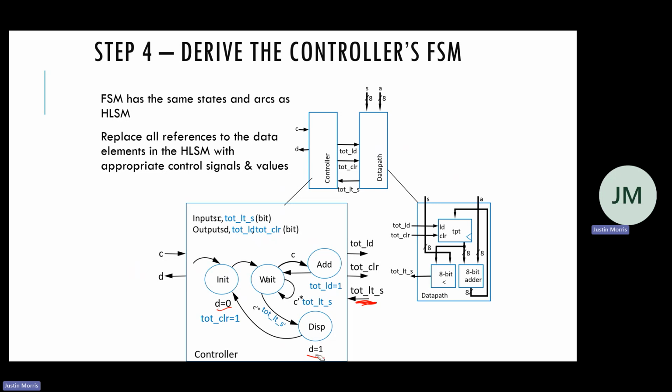So all you have to do is copy and paste the high-level state machine and its transitions, and you just have to make sure that you convert all of the comparisons on the edges to be the 1-bit inputs that you get from the data path, right? So here we have total less than S, but we invert it, which means that total is greater than or equal to S. And then we have, if we have a coin or not, so this is no coin, we transition to dispense.